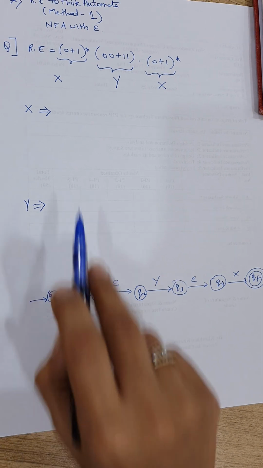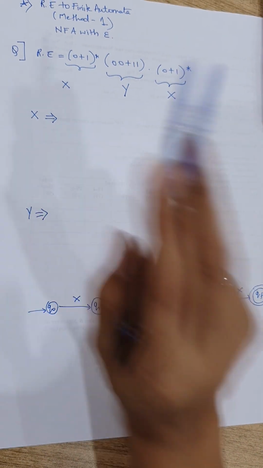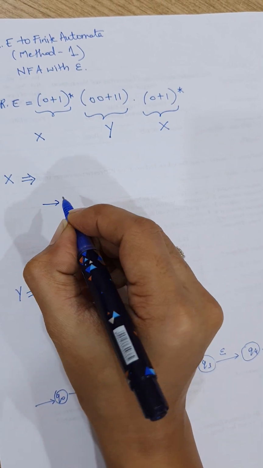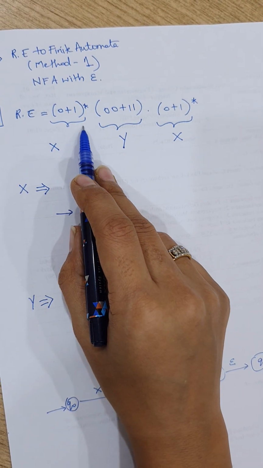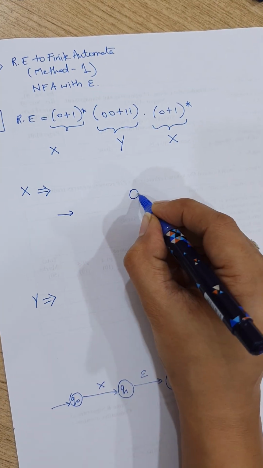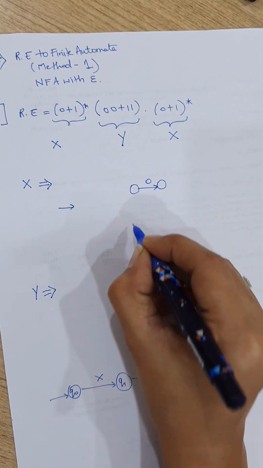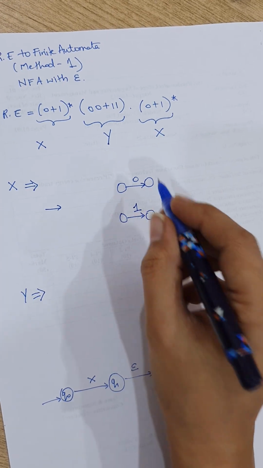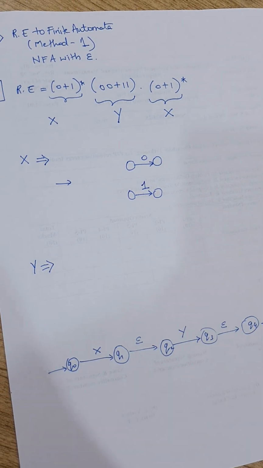Now for X we can start representing X here. Now what is X? This is 0 or 1 the whole star. So I'll represent 0. Next I'll represent 1. Now this needs to be connected using OR.